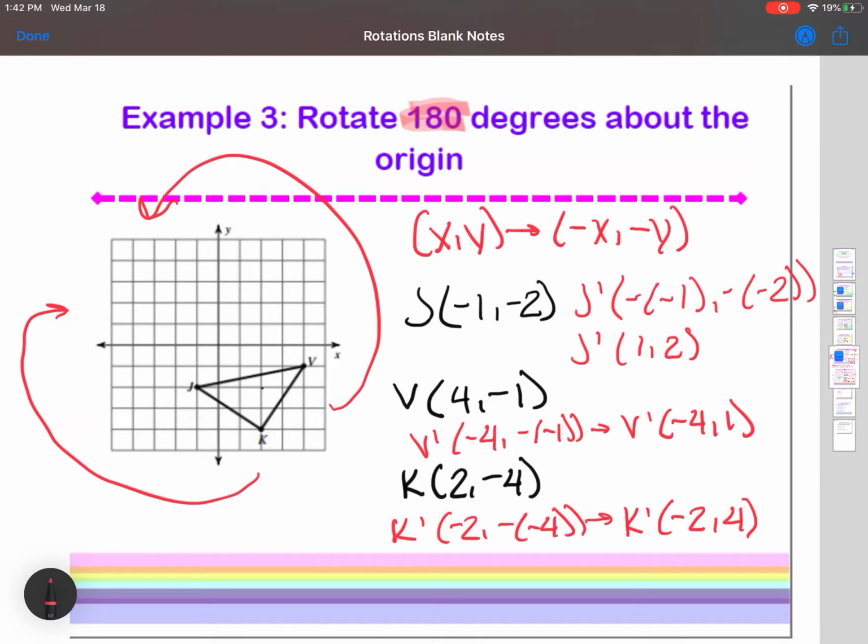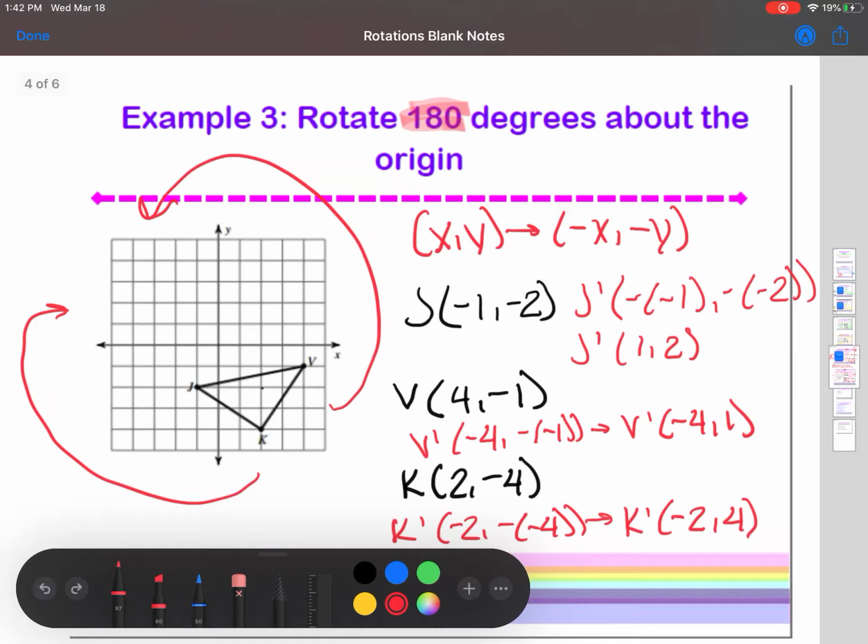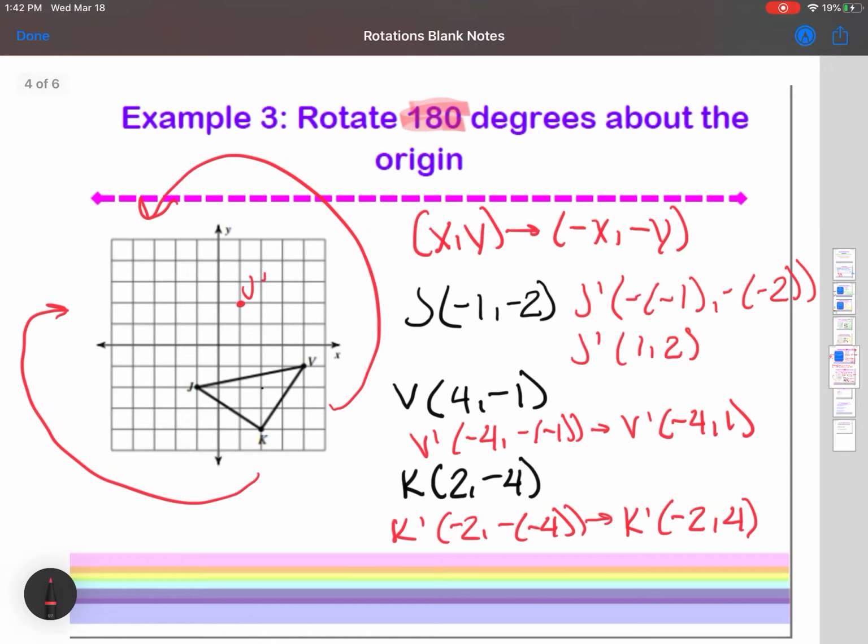Okay, now I'm just going to plot these points, and it should show the same image, just turned. So, 1, positive 2, J prime. Negative 4, positive 1, V prime, and negative 2, positive 4 is K prime.